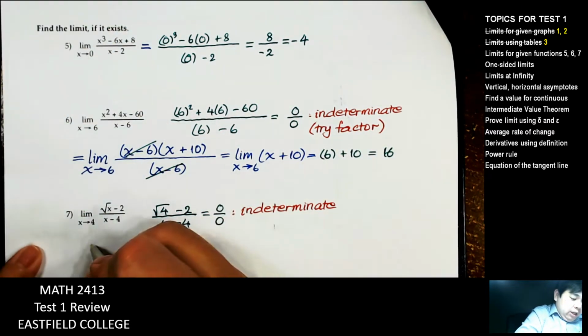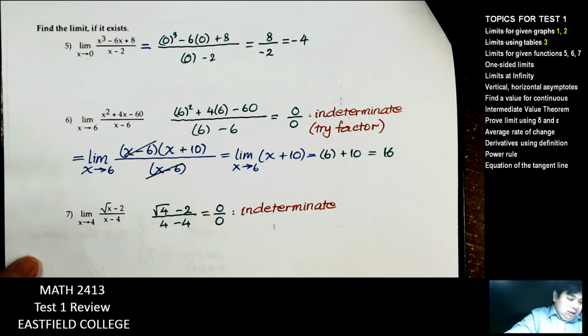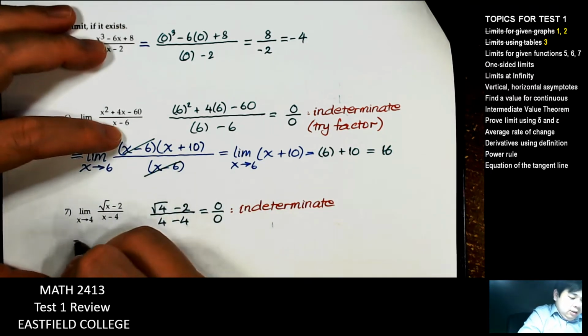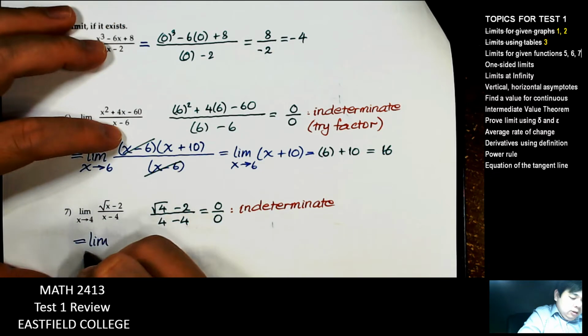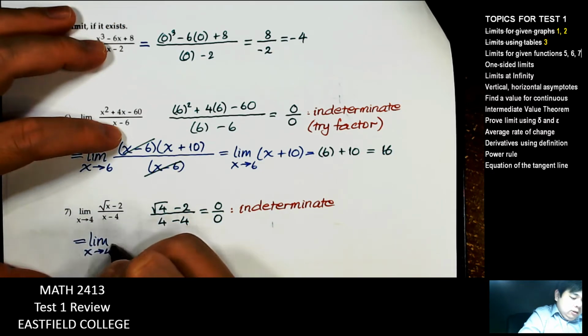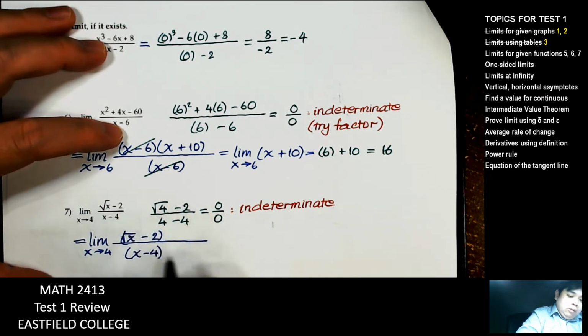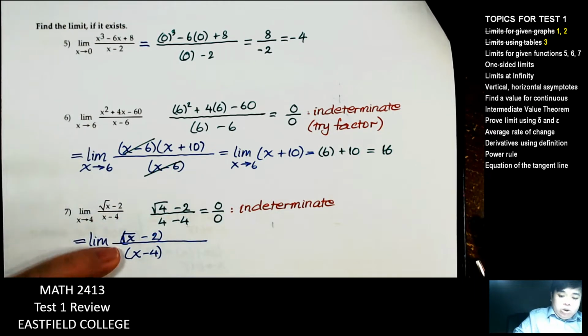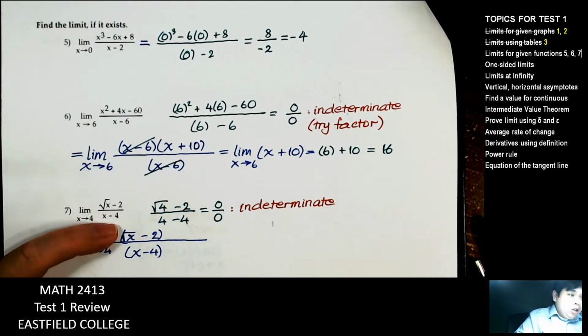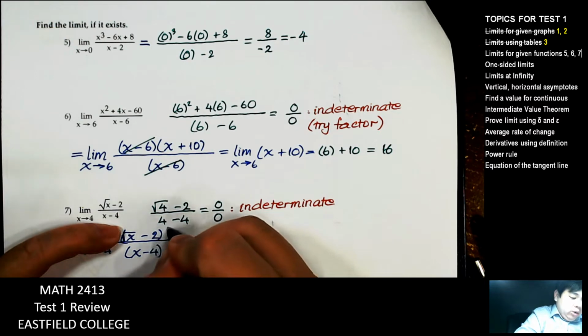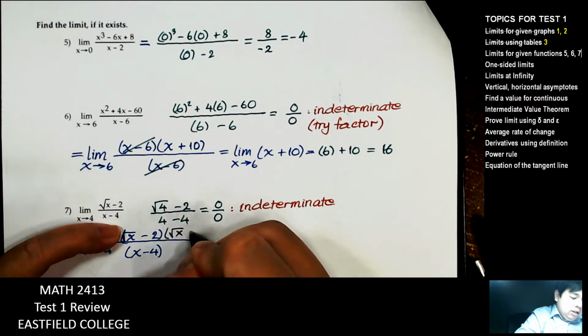So in that case, we'll multiply by the conjugate of the term that has the square root. So here we multiply by square root of x plus 2.